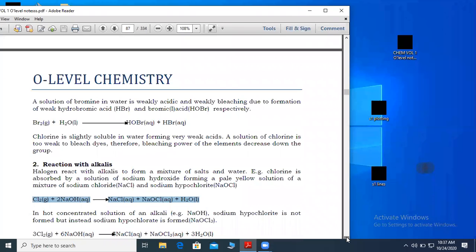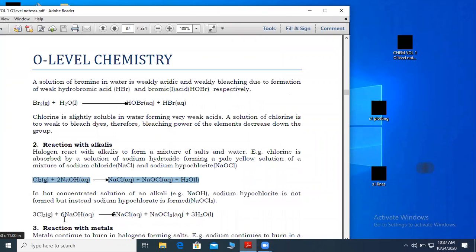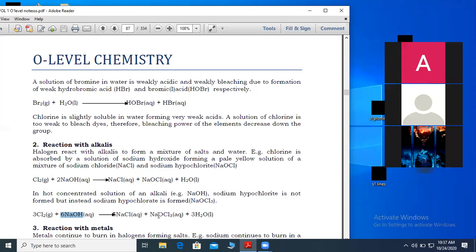However, when sodium hydroxide is hot and concentrated, then the product is sodium chloride, sodium chlorate, and water. This formula is wrong. It should be NaClO3. The O should be after chlorine to make it sodium chlorate.